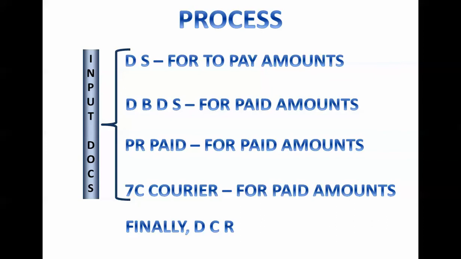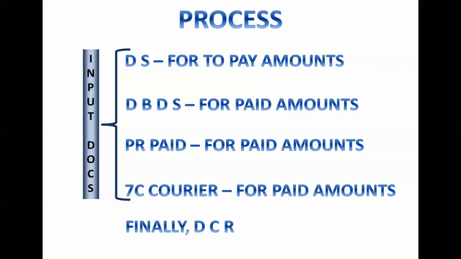To prepare the DCR, you will have to have four input documents. That is the DS for to pay amounts. You will have to take the document of DS to obtain the total collections you have made by way of deliveries, and you will have to take the DBDS, that is the daily booking statement, to arrive at the paid amounts that you have collected for the day's booking, and similarly the PR paid for the paid amounts and 7C courier for the paid amounts.